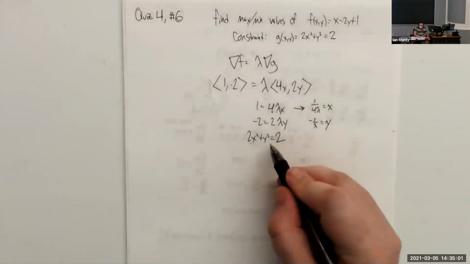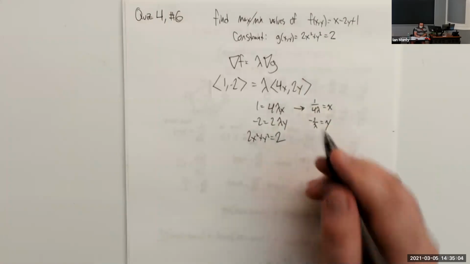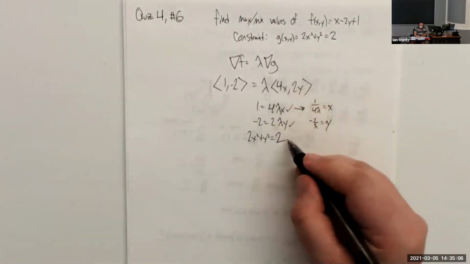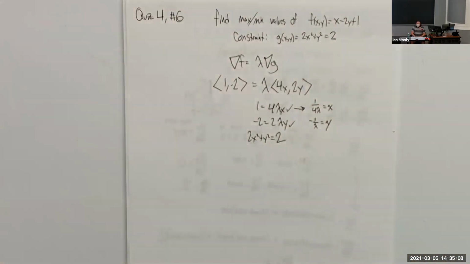I'm going to plug it into my constraint, because I haven't used that equation yet. That's one little guide that can help you through this. You're inevitably going to use all of your equations when you do Lagrange multipliers, or at least you should. So make sure that if you're on the right track, you're using all of them.